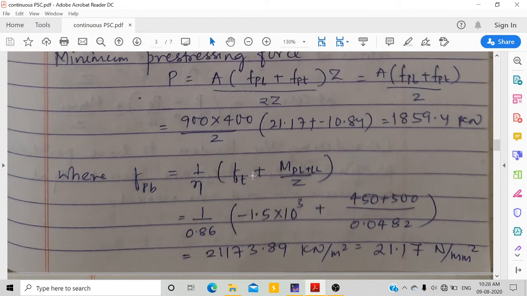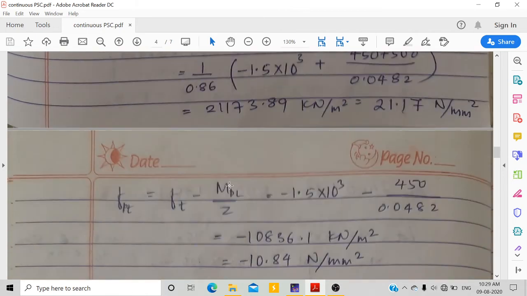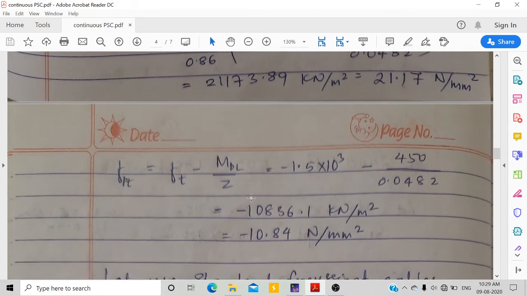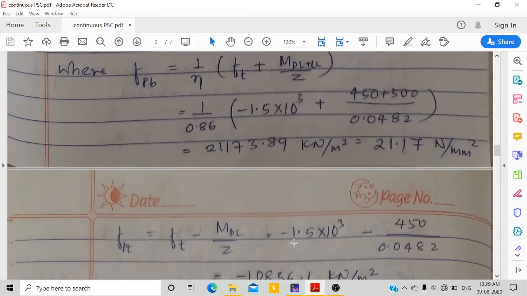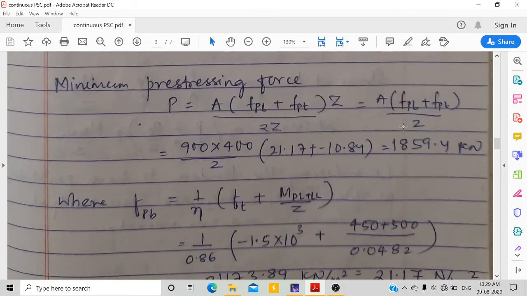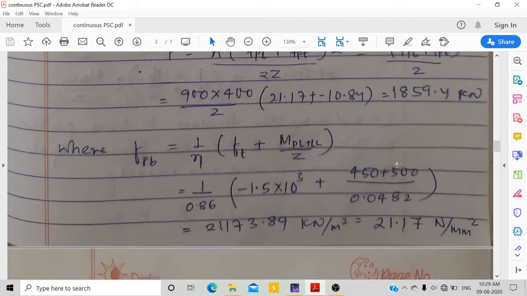Now minus eta FPT by moment due to dead load plus live load by Z. So this is how we got the 21.17 Newton per mm square. And for FPT, this is FT minus moment due to dead load by Z. Okay, minus 10.84. So I'm using this formula and I got the minimum pre-stressing force I need is 1859.4 kilonewton.